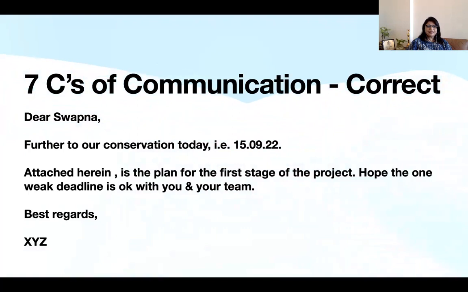The first mistake is there in the very first line, where instead of the word conversation, it has been misspelled and written conservation.